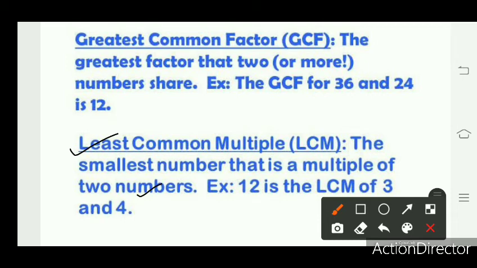Example, 12 is the LCM of 3 and 4, because 3 fours are 12 and 4 threes are 12. So 12 is the least common multiple of 3 and 4.